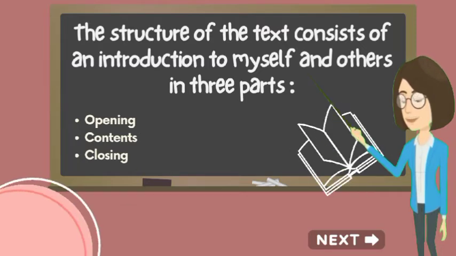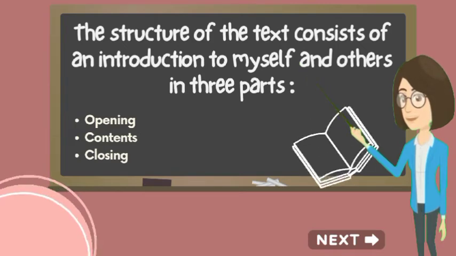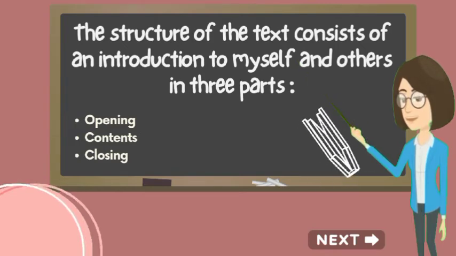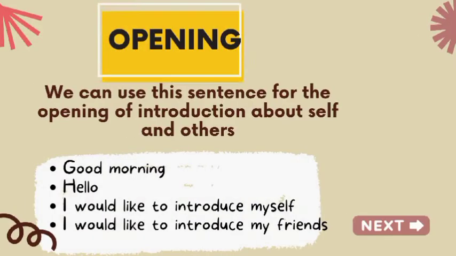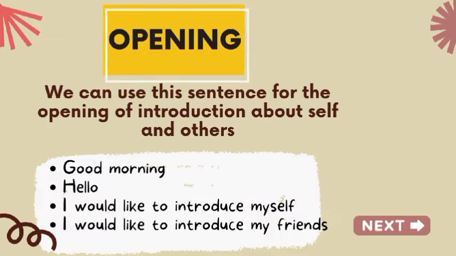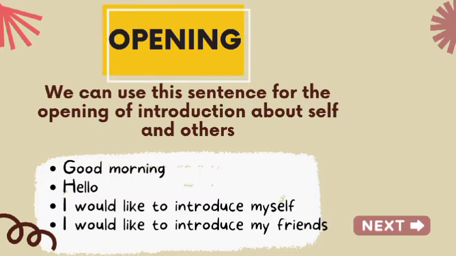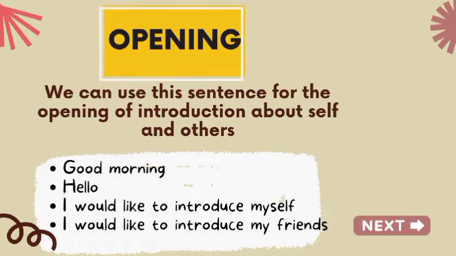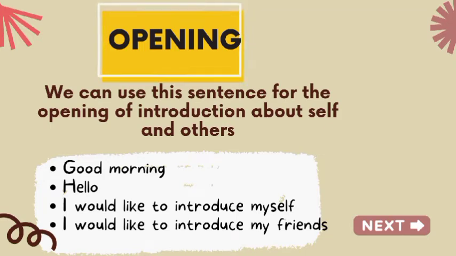The structure of the text consists of three parts: the first is the opening, the second is the contents, and the last is the closing. For the opening, we can use sentences like good morning, hello, I would like to introduce myself, and I would like to introduce my friends. I would like to introduce my friends is for others.